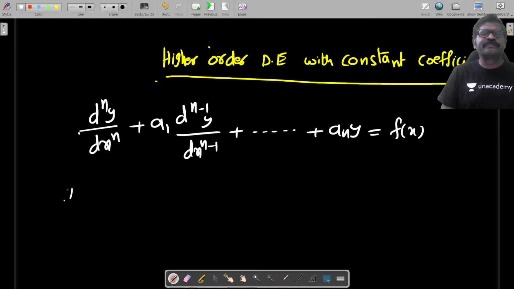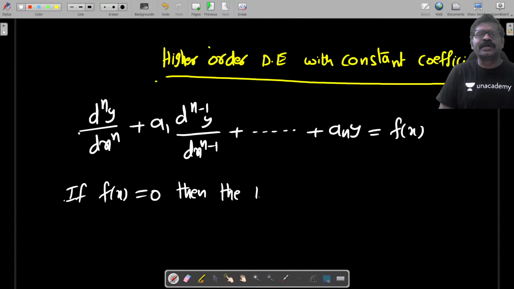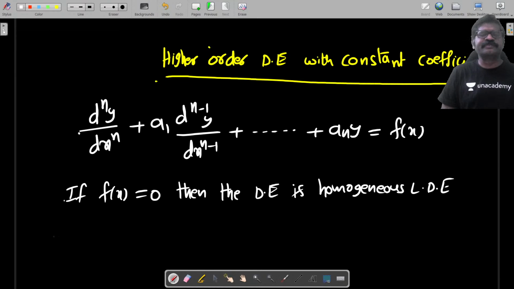Suppose if f of x is 0, then the differential equation is a homogeneous linear differential equation.